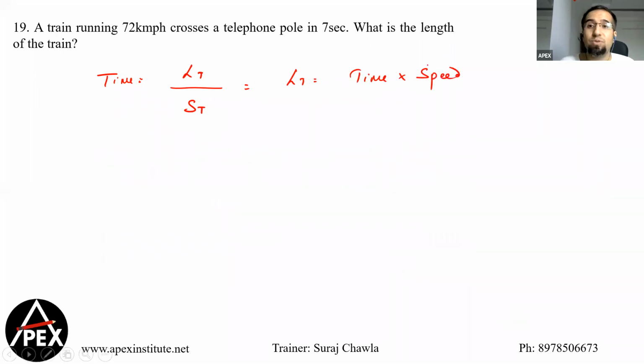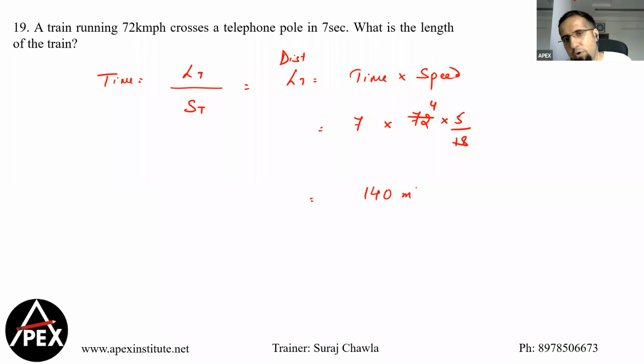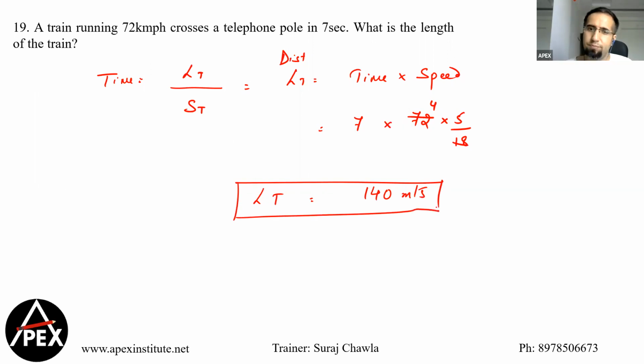Now, needless to say, the uniformity of units is really important. So distance covered is equal to, if the time is in seconds, the speed has to be in meters per second. So 72 kilometers per hour would be 72 into 5 by 18 meters per second. 18 ones are 18, fours are 72. So therefore your answer becomes 7 into 20. So 140 meters is the length of the train. Clear, guys? Can I move forward now?